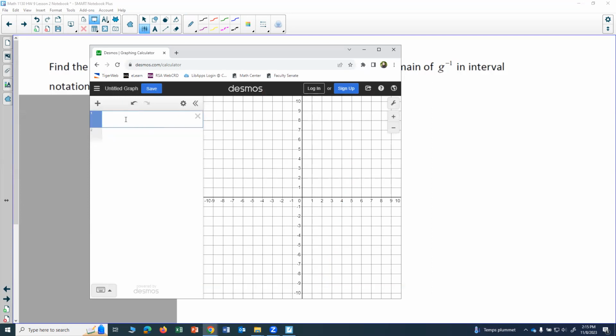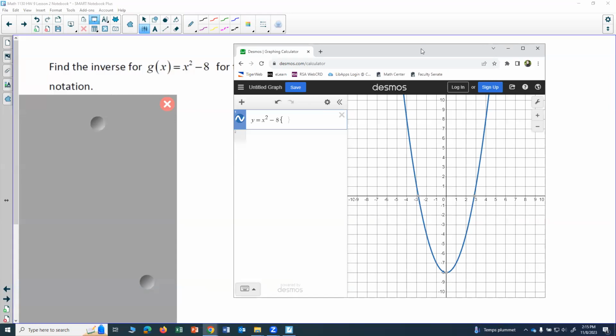so y equals x squared minus 8, and we have the domain restriction negative infinity to 0. So I'll put in the set bracket, x is less than or equal to 0.